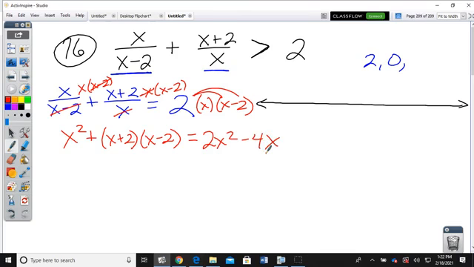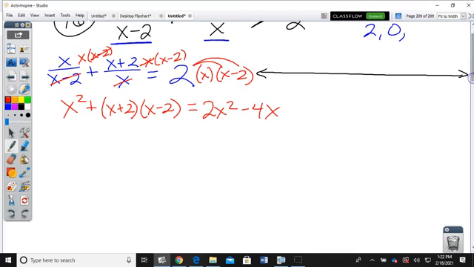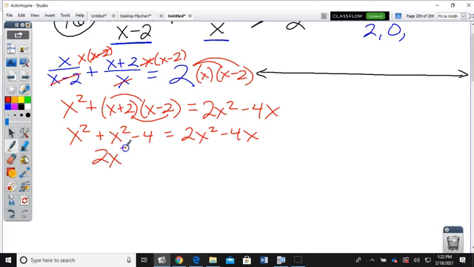And then we work this out. These are actually conjugates, so you can just multiply the first and the last. So that's going to be x squared plus x squared minus 4 equals 2x squared minus 4x. The x squared and the x squared will make 2x squared minus 4 equals 2x squared minus 4x.